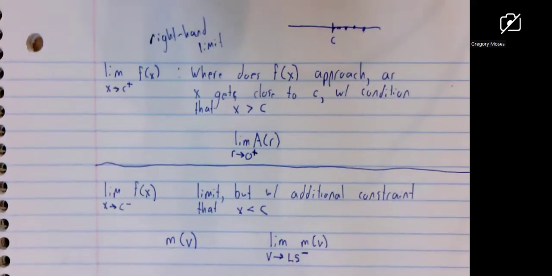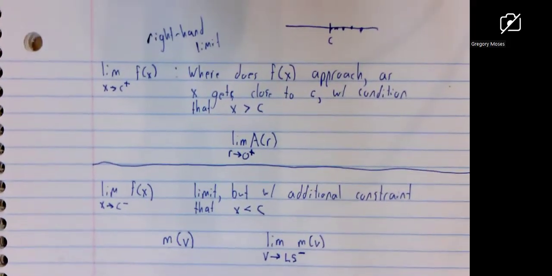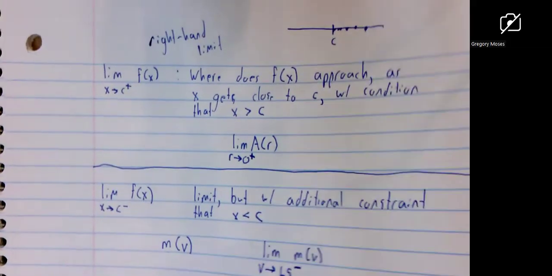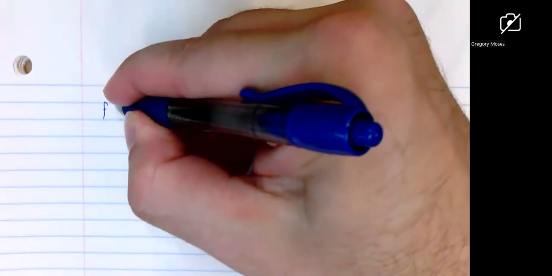And maybe the easiest way to get a handle on this, assuming you don't already have a handle on it, is to look at a piecewise defined function.